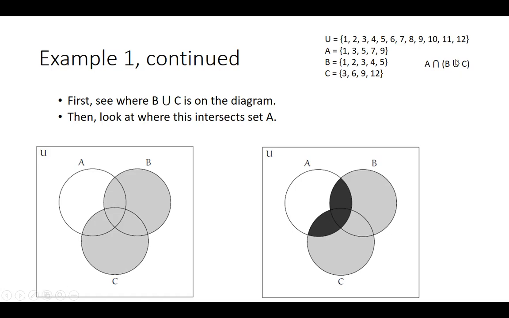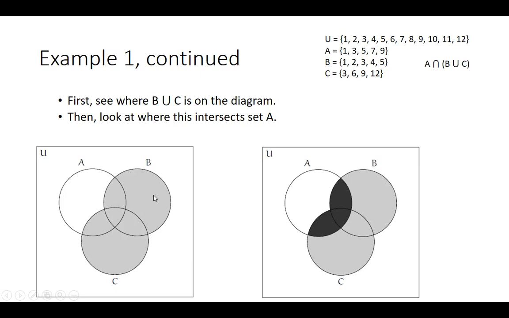So since we want A intersection union of B and C, first we'll see where B union C is on the diagram. That would be on the left here, this gray area. Everything in B and everything in C makes it into the union of B and C.